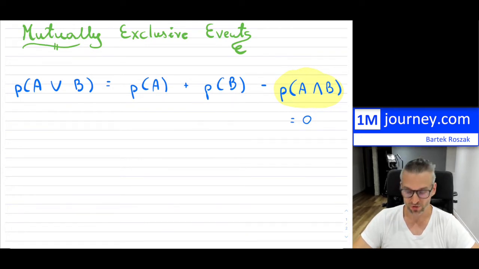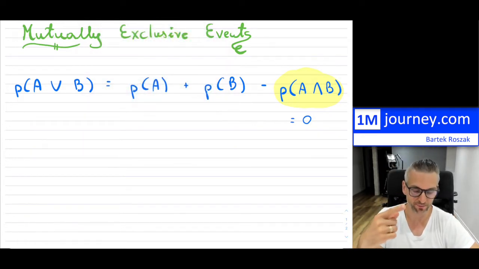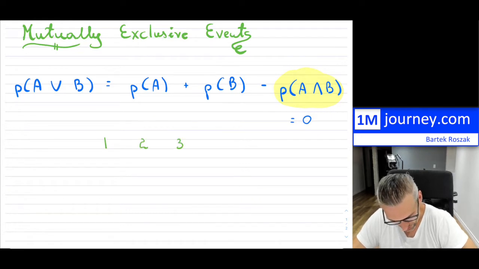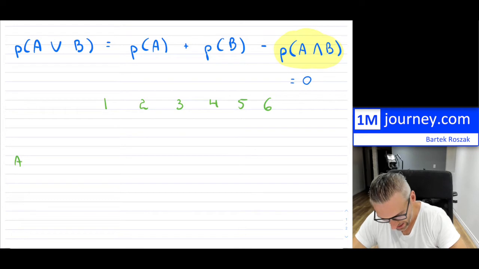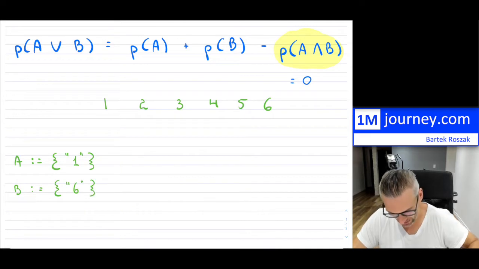If we roll the die one time, you can roll a 1, 2, 3, 4, 5, or 6. Just for simplicity, let's say A is defined as rolling a 1, and B is defined as rolling a 6.